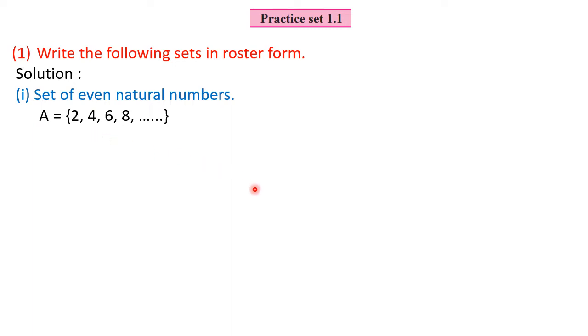So this way you can write down the answer in the listing method or roster form. Let us go for the second one now. Set of even prime numbers from 1 to 50. All of you know prime numbers. Prime numbers are those numbers which are divisible by only 1 and the number itself. Like 5. 5 is not coming in any table.